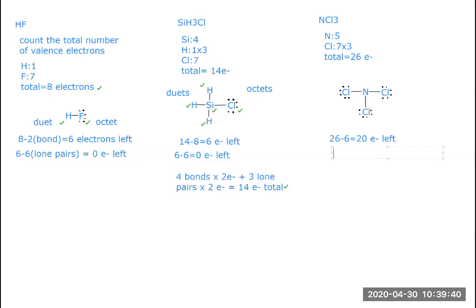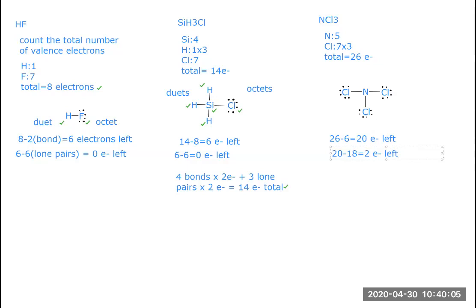Okay, so I've used, out of 20, we have used 3 lone pairs per chlorine times 2 electrons each. That's 6 electrons per chlorine times 3, so that's 18, right? And then we have 2 electrons left. So the chlorines have their octet, right?